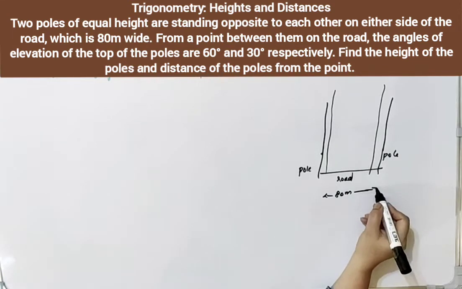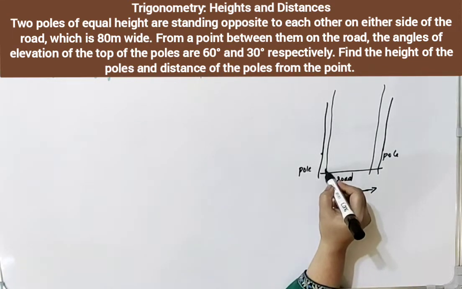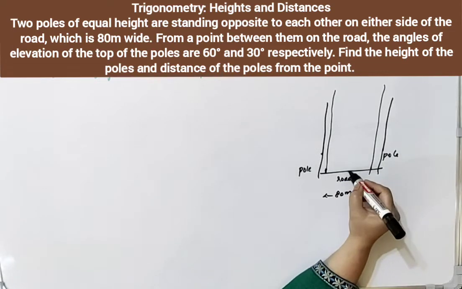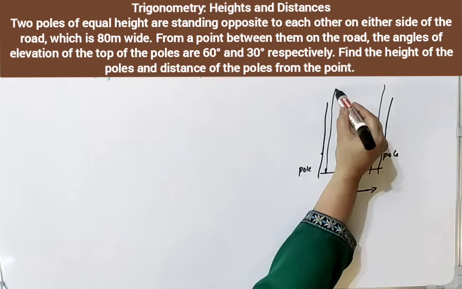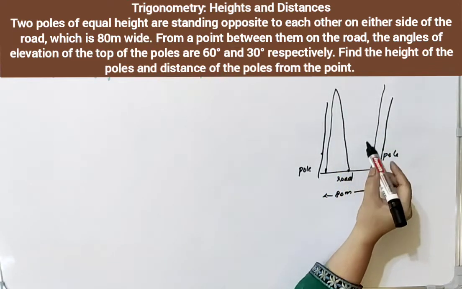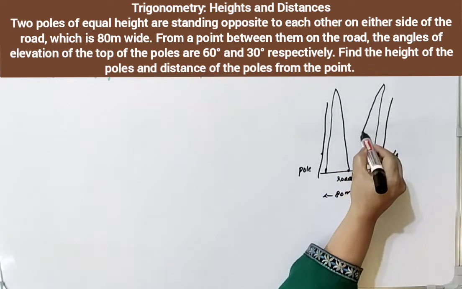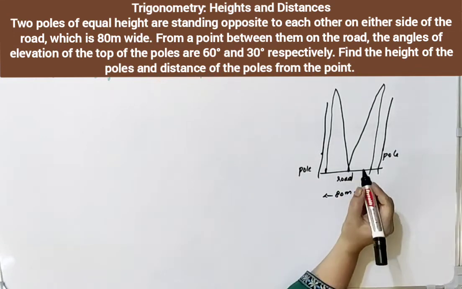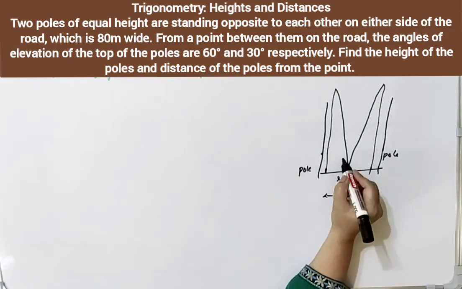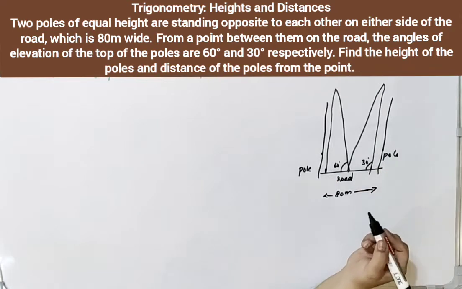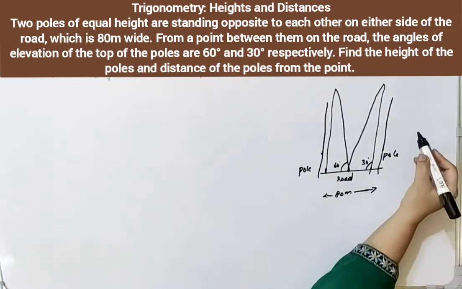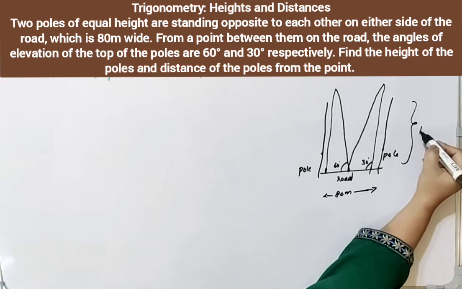This is the width of the road, and the pole is here. So there is a point on the road from which the angle of elevation is given. That is, from the top of the pole, the angle of elevation is 60 and 30.